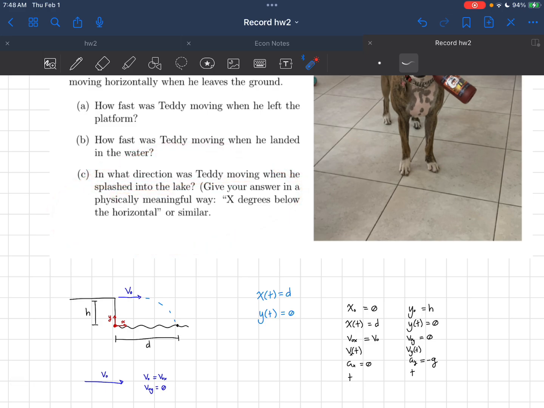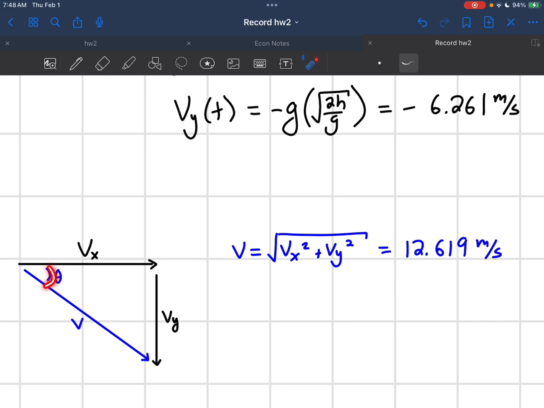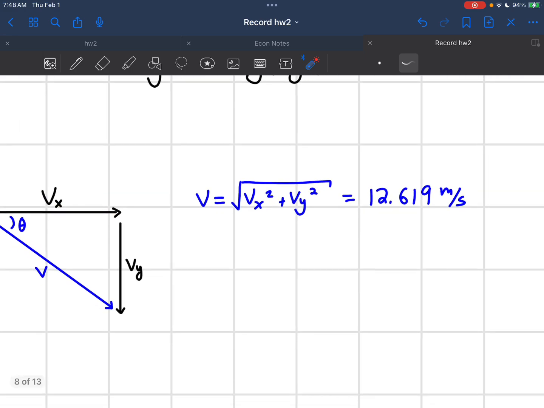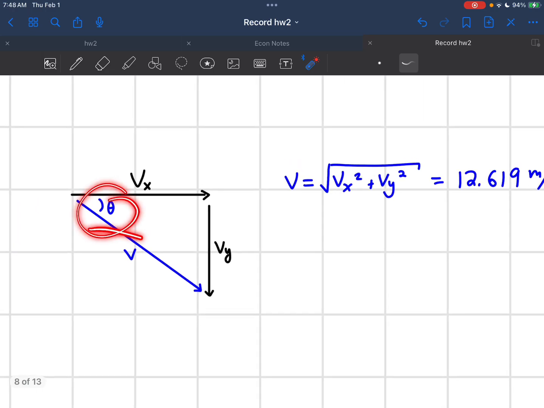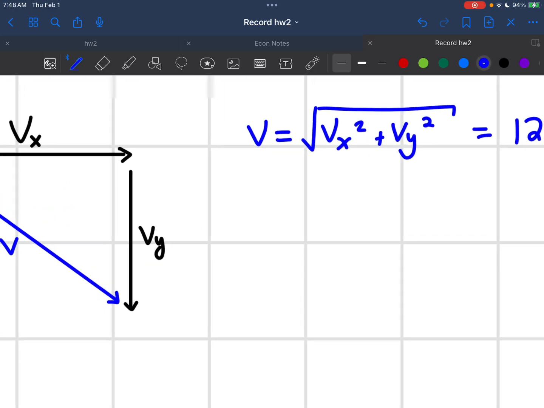And the last part of this question is what direction was Teddy moving when he splashed into the lake? We remember that we have to give our answer in a physically meaningful way. So we can't just say this many degrees. We have to specify where that angle is. In this case, the angle that I've drawn is below my horizontal, below my x direction. So again, solving for that theta, I can use any trig function I want.